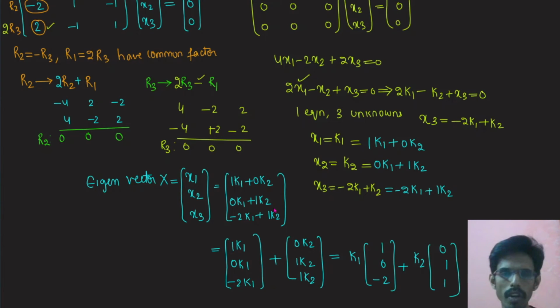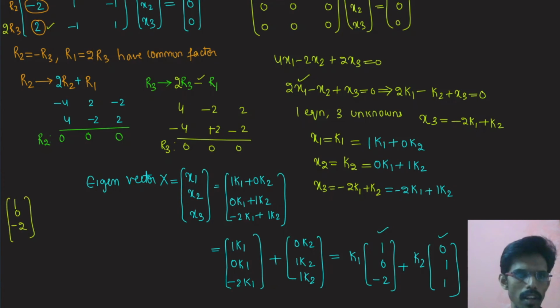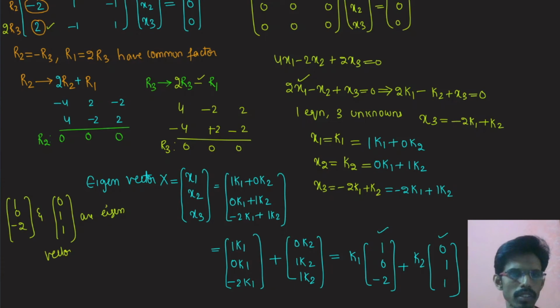So these two are the eigenvectors. Hence I can write down here: 1, 0, minus 2 and 0, 1, 1 are the eigenvectors corresponding to lambda equal to 2.